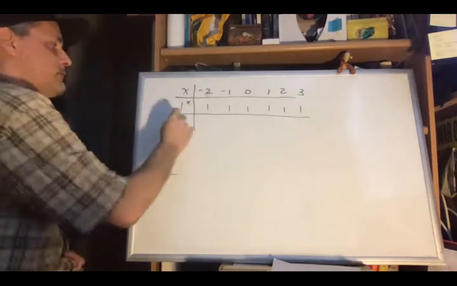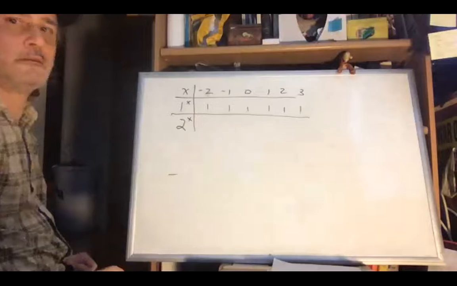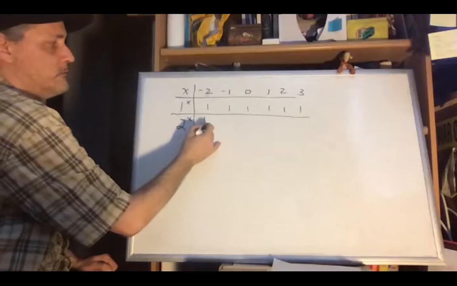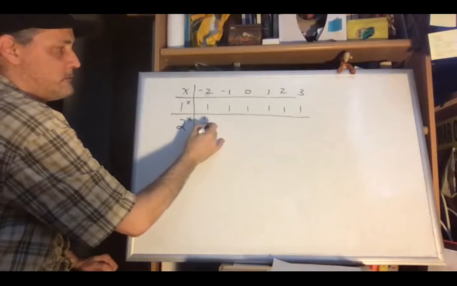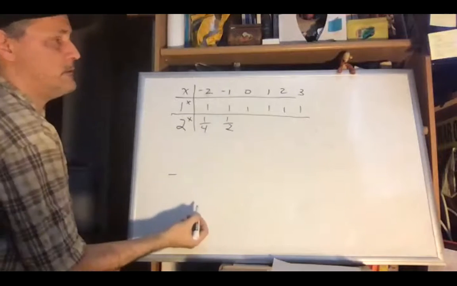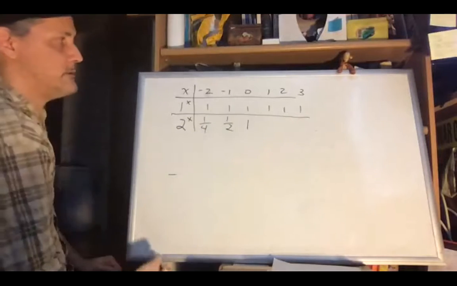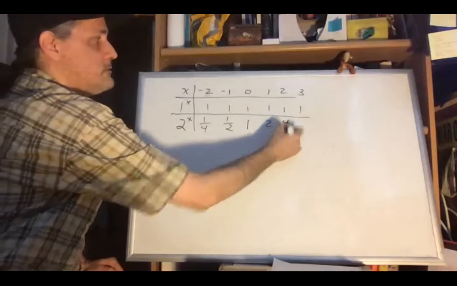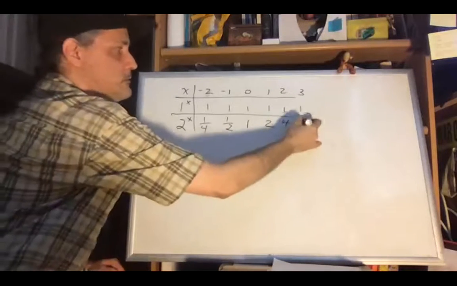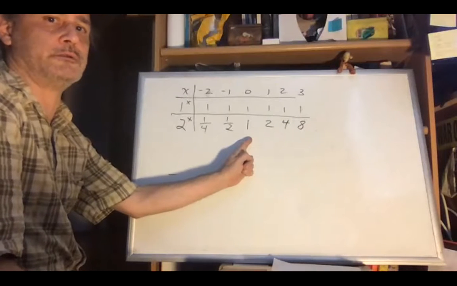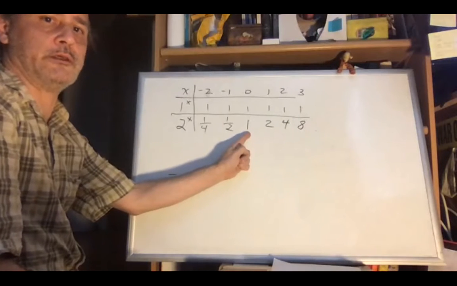If we use an exponential scale, then this will become the reciprocal of 2 squared. This will become the reciprocal of 2. This will become 1, because anything to the 0 power is 1. 2 to the first, 2 to the second, 2 to the third. Now notice that the middle is not 0 with exponential, whereas with a linear scale it is.